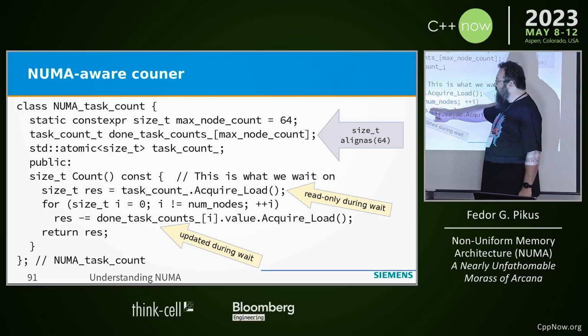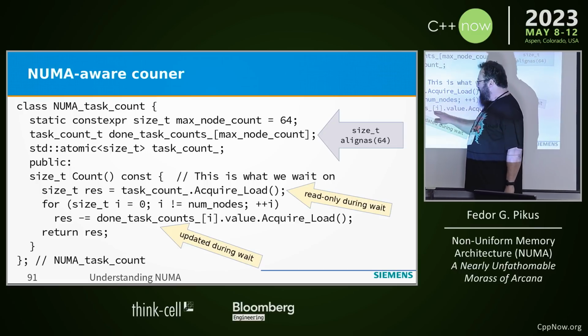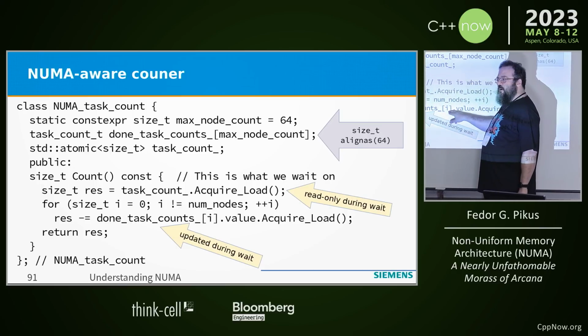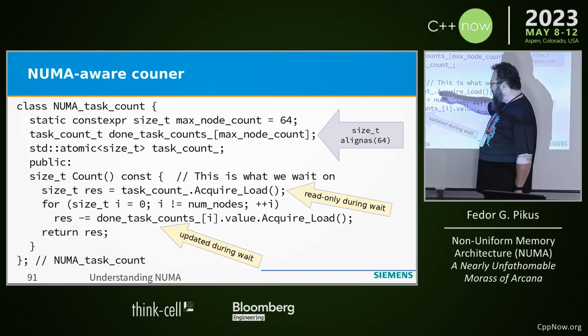Basically, the race condition here could have been that node 0 reaches its full task count. I'm done on node 0.